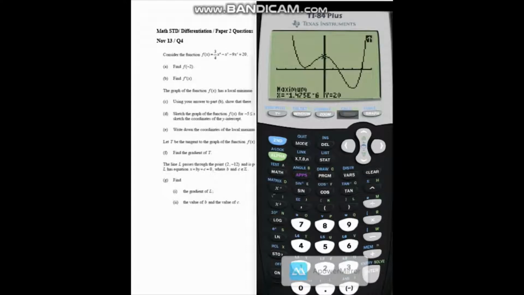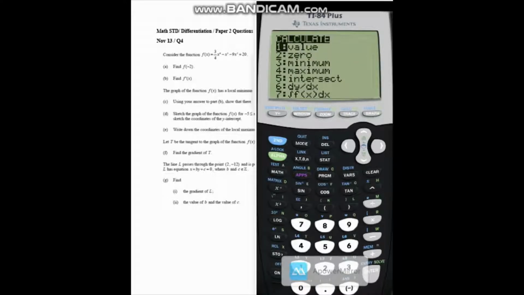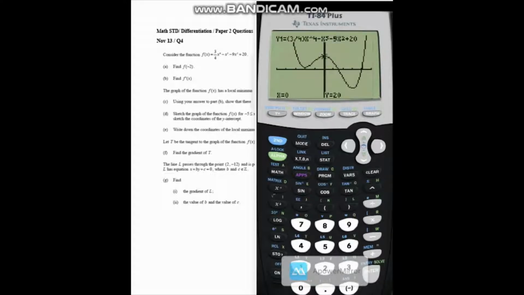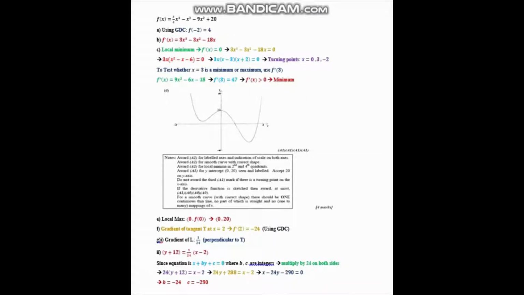So second, trace, dy by dx, and you just press on 2, and the calculator tells you that the gradient when x is 2 is negative 24. So there are your answers to E and F, and they were obtained using the GDC.